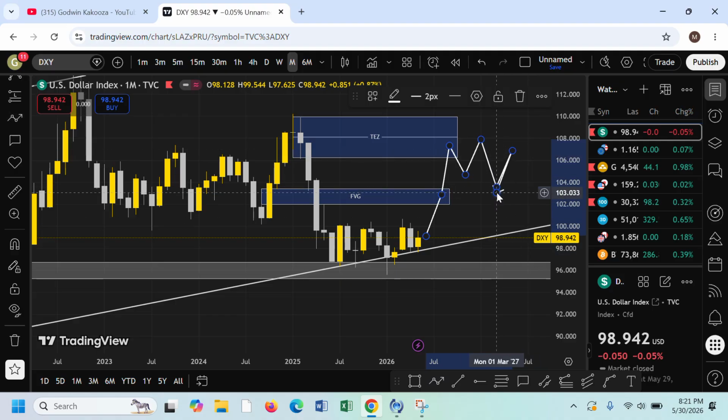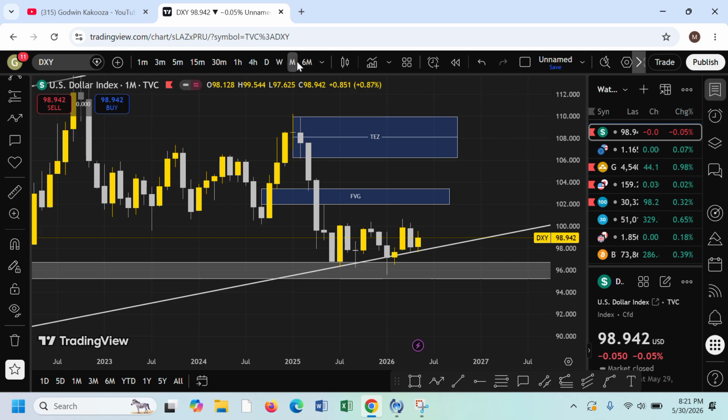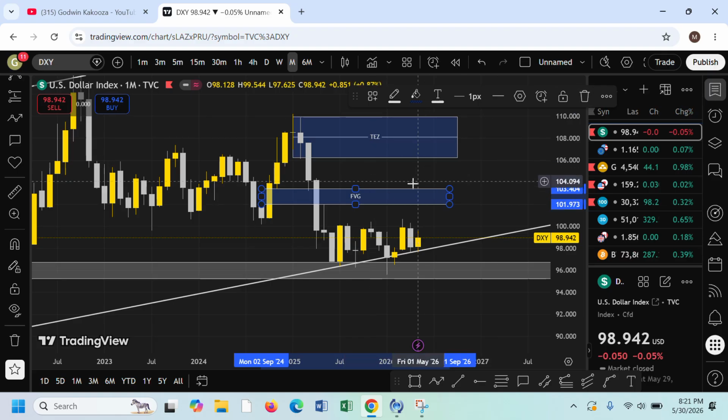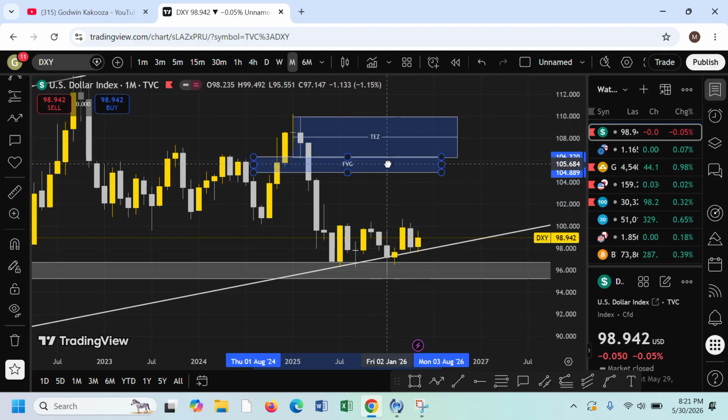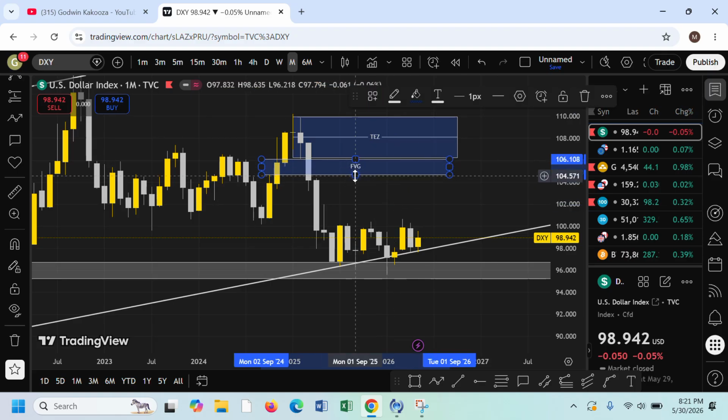So anything is very possible, but remember, this is the monthly time frame. So these are all things that give me confidence in my bias, or what I'm anticipating on this DXY, the dollar index. So if here is our FVG, and also here there's an FVG, this is the liquidity that price is looking for.